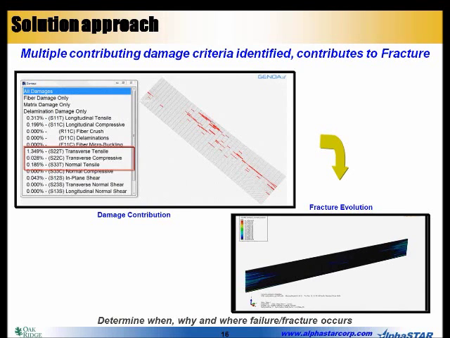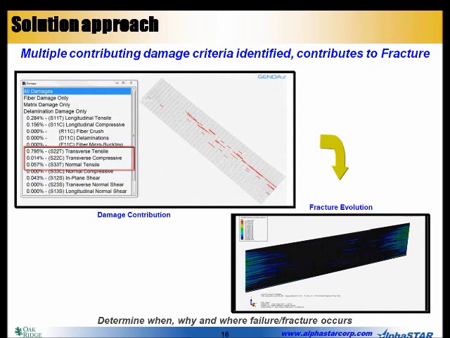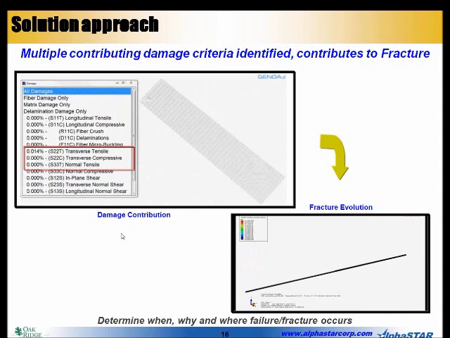And on the top left, you can see the damages in the beads, which are provided by the Genoa GUI, where you can see which of the failure modes is most dominant and basically results in the most damage within the beads, while the fracture evolution is shown on the lower right.